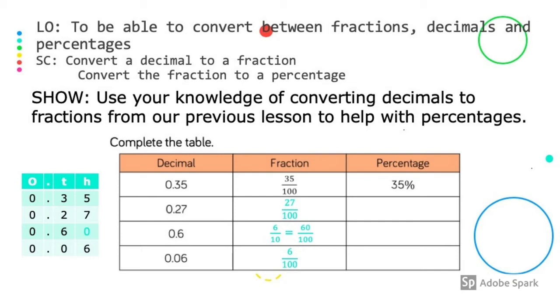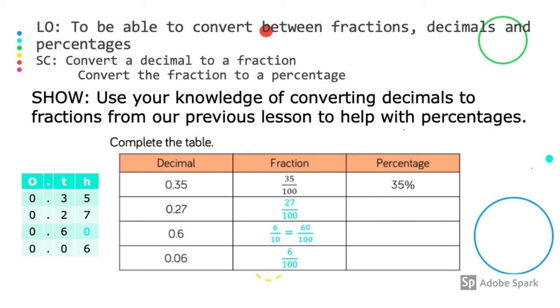You'll notice my place value grid on the left-hand side of the screen. Let's look at 0.27. This decimal has both tenths and hundredths. And because it has both, when we're converting it into a fraction, 27 has to go over 100, because there's a number that falls in the hundredths column. 0.27 therefore has the value of 27 hundredths.